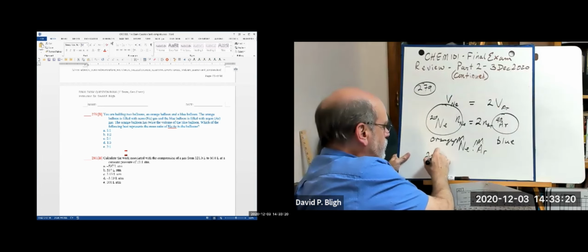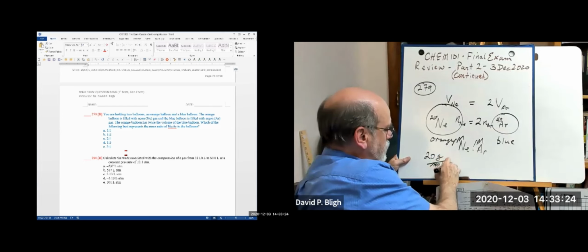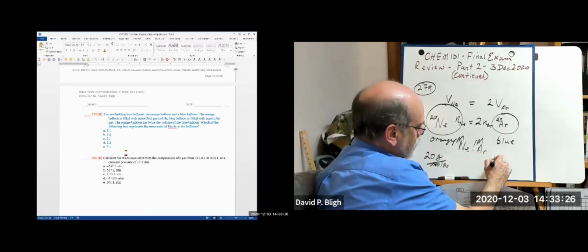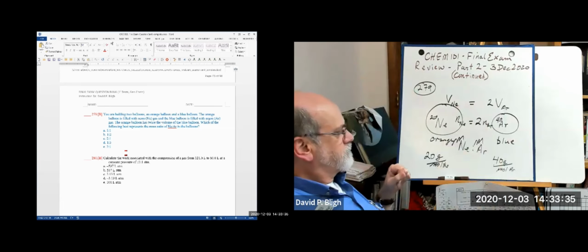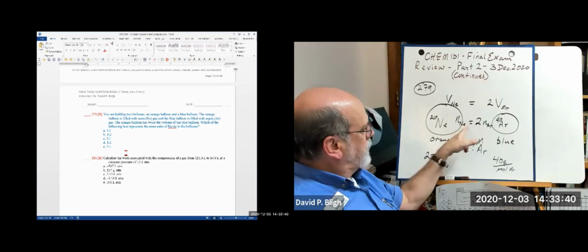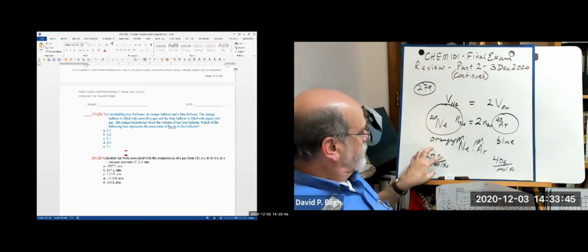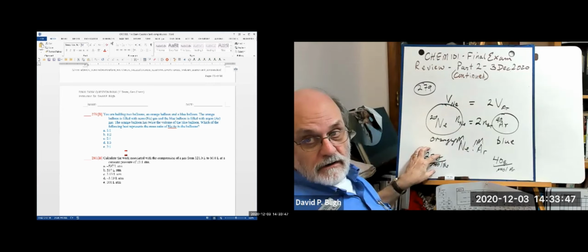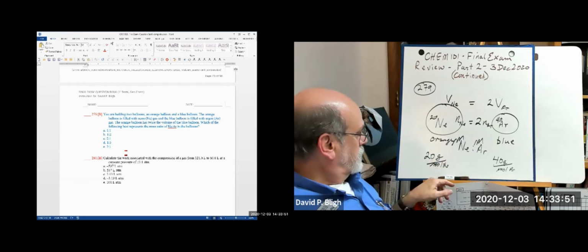So it's 20 grams per mole of neon. And this one is 40 grams per mole of argon. All right. So you've got twice as many molecules or twice as many atoms over here that weigh half as much. So the ratio should be 1-to-1 for mass, right?